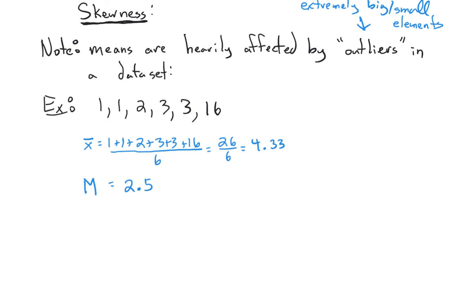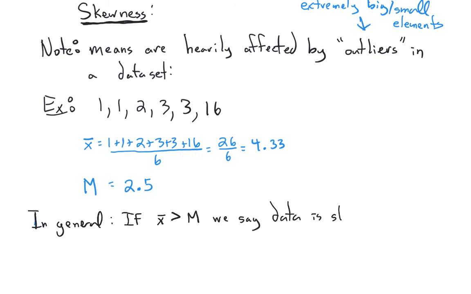So, in general, if the mean is quite a bit greater than the median, we say the data is skewed to the right.